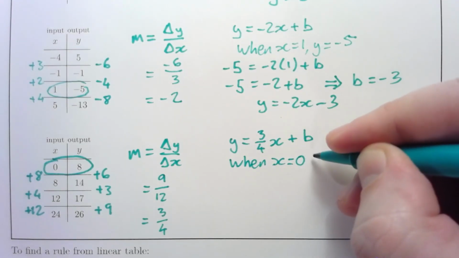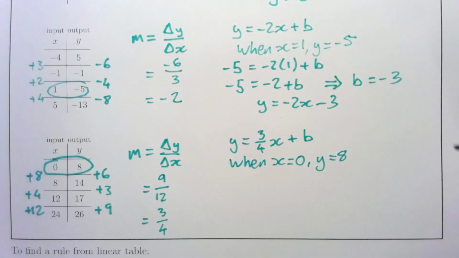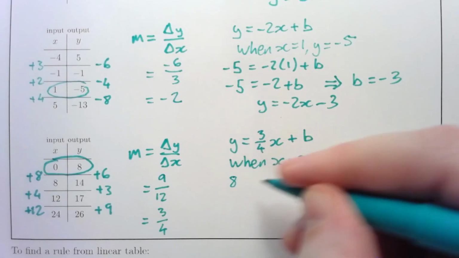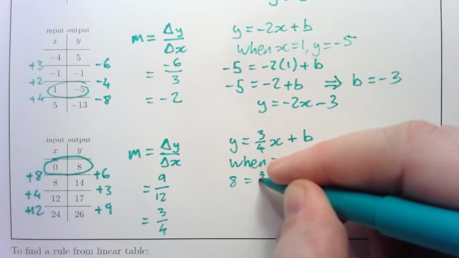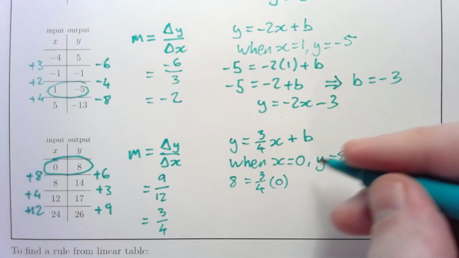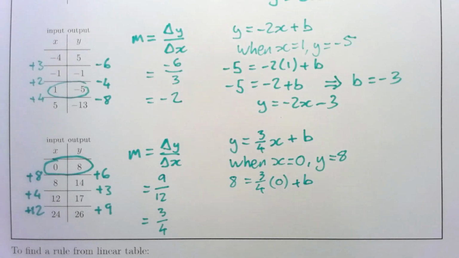So when x equals 0, y is equal to 8, which means, substituting these into our rule, y is 8. Then we've got 3/4 times 0. And then we have b, which we haven't figured out yet.